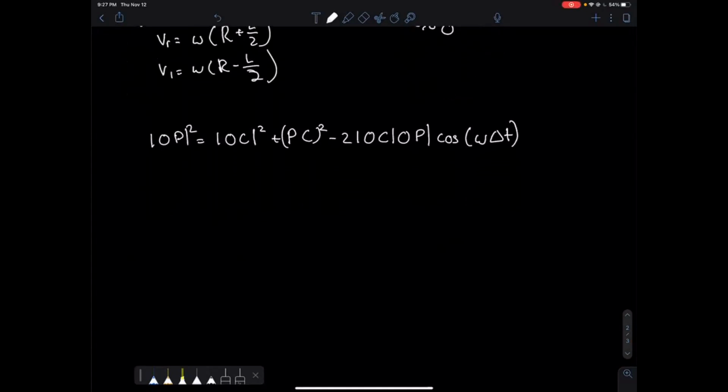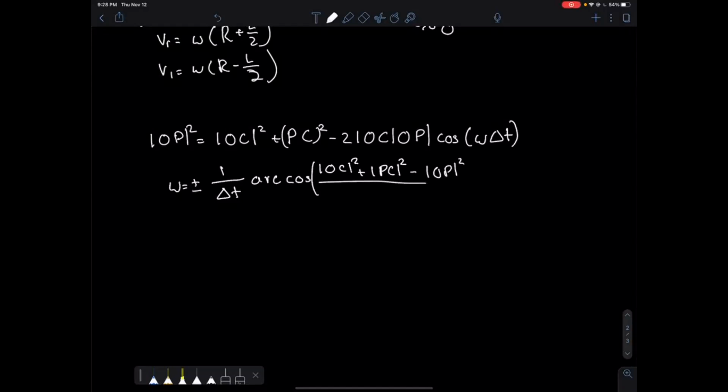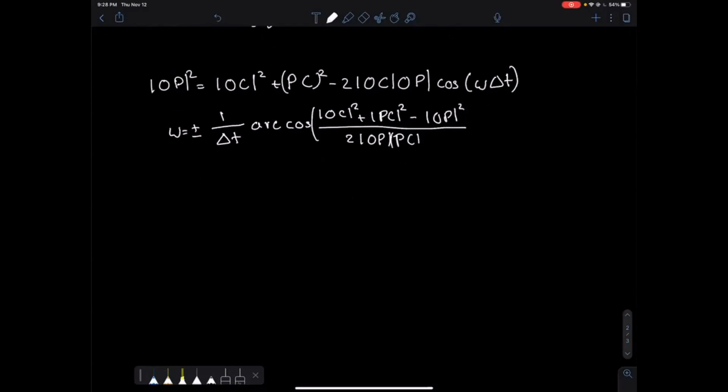Omega is plus minus 1 over delta t times the arc cosine of OC squared plus PC squared minus OP squared over 2 OC PC. My handwriting is really messy, and I'm super sorry for that. Keep in mind, these are the magnitudes of those vectors, just so that's clear.